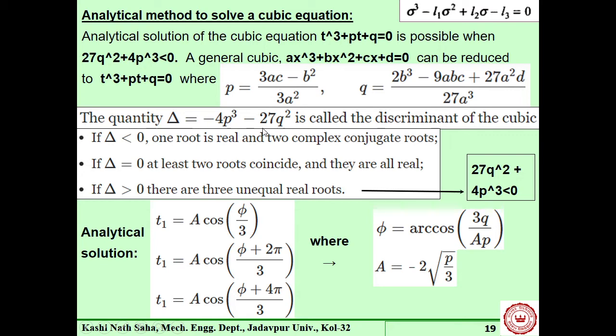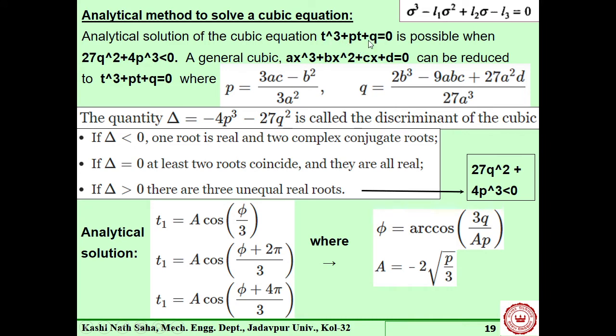Now, this quantity is called discriminant of the cubic equation. So, if this is greater than 0, in our case, you see this P and Q, they will come as negative or something. So, our case will be this one. We have 3 unequal real roots. Okay. And what are the roots of this particular equation?